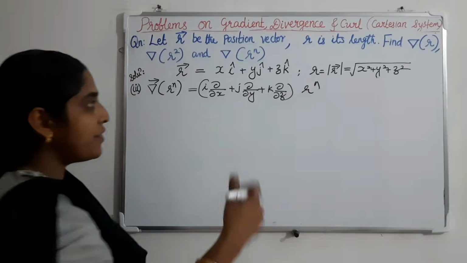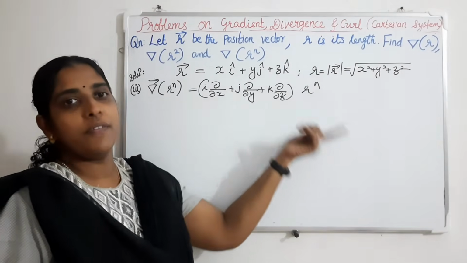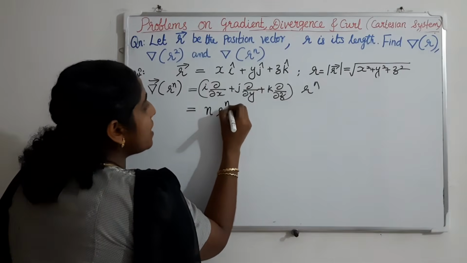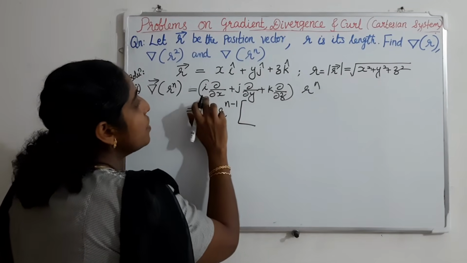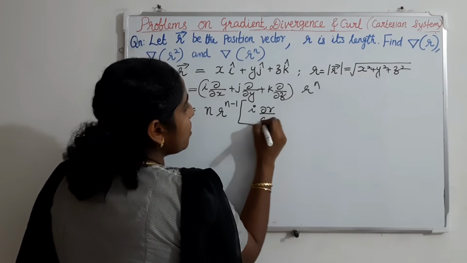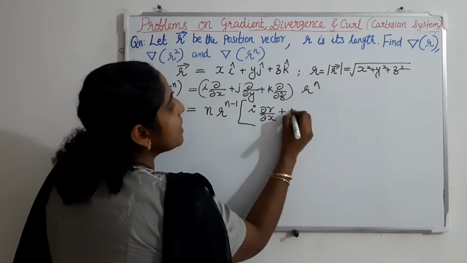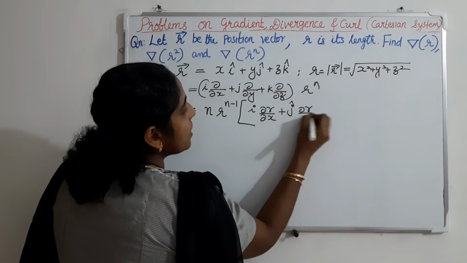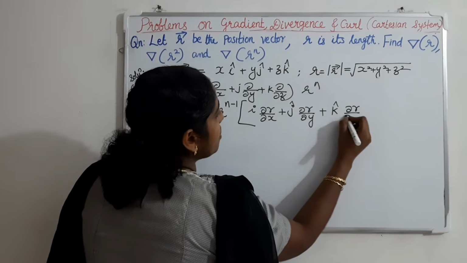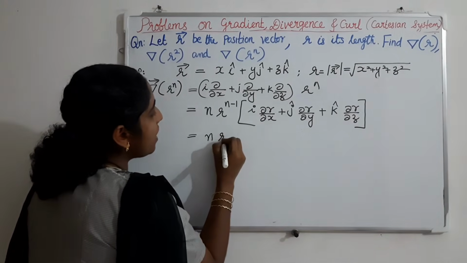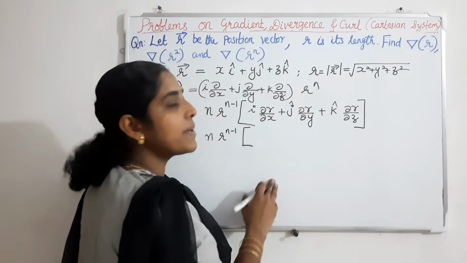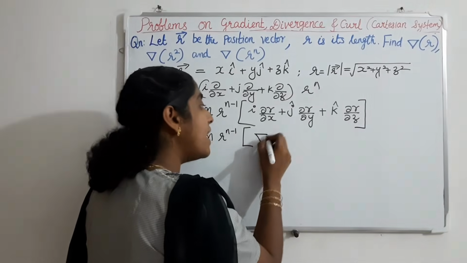In general, if we are taking the nth power of r, the differential will be n r raised to n minus 1 into the x component derivative, i dou r by dou x, plus the y component, j dou r by dou y, and the z component, k dou r by dou z. That is equal to n r raised to n minus 1 into i dou r by dou x plus j dou r by dou y plus k dou r by dou z. That is del r.